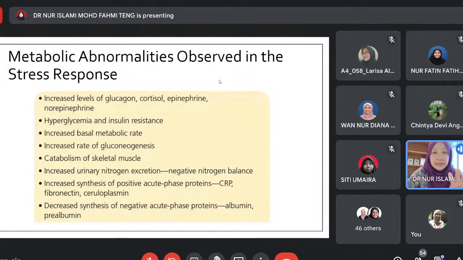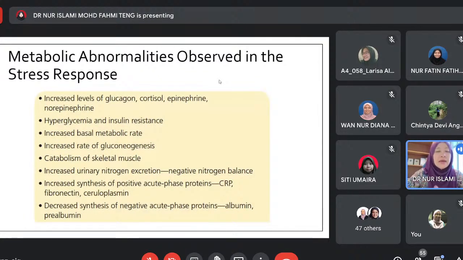Okay, here is summarized the metabolic abnormalities that observed in the stress response. This which include increased levels of glucagon, increased level of cortisol, epinephrine, and also norepinephrine. So hyperglycemia and insulin resistance.